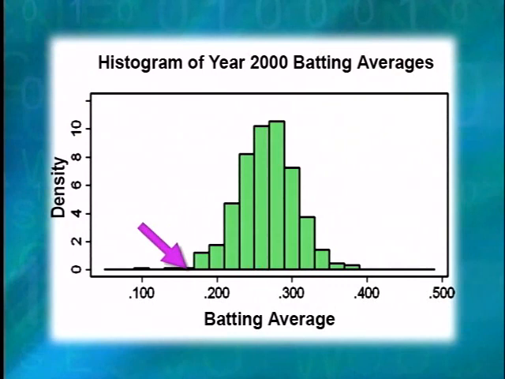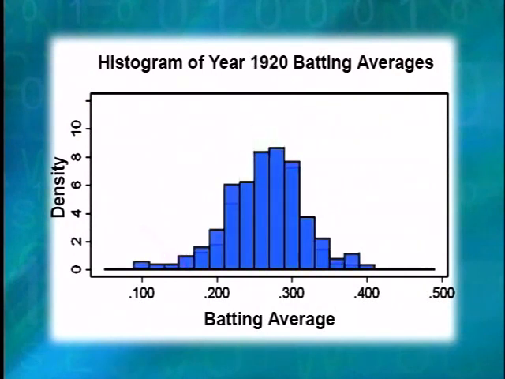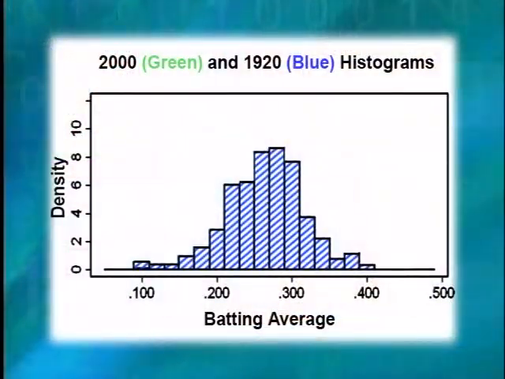Now look what happens in the year 1920. This is not as tall, and then these are more spread out. And by the way, they're made so that the total area of these bars is identical in the two places for comparison purposes. The total area of the bars is the same, so you can compare them.